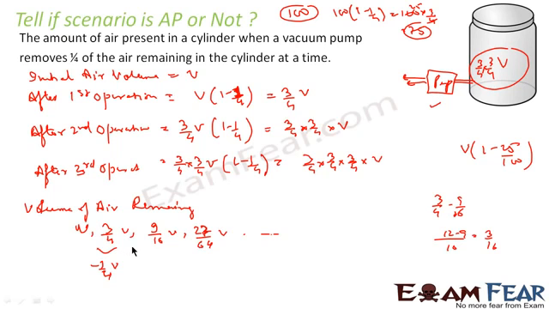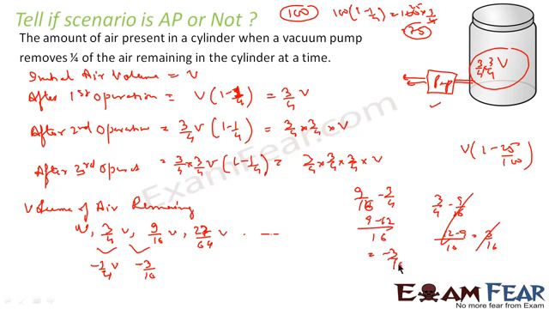You see the difference is nothing but minus 3 by 16. If you subtract 3/4 V from V, you will get 1/4 V, minus 1/4 V. If you subtract 9 by 16 from 3/4, I have done it the other way, so I got positive. Or let me do, if you want, I will subtract 9 by 16 from 3/4. 16 is common, 9 minus 12, that is minus 3 by 16.